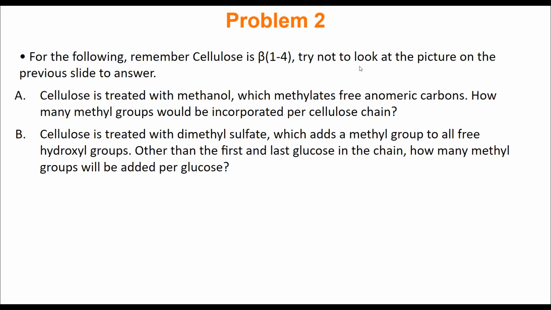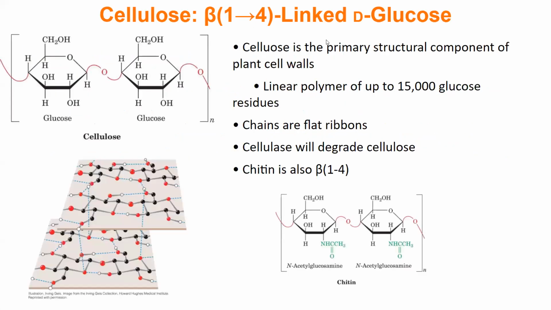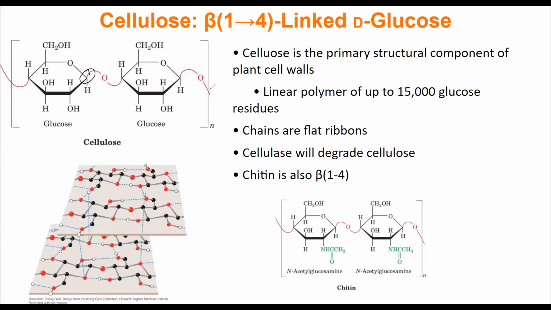So I'm going to go back to the picture for this. Our anomeric carbons are right here, and we have roughly 15,000. And I'm just going to draw the last glucose. At the end of every chain, you're just going to have a glucose that looks like this, because the chain has to end eventually.